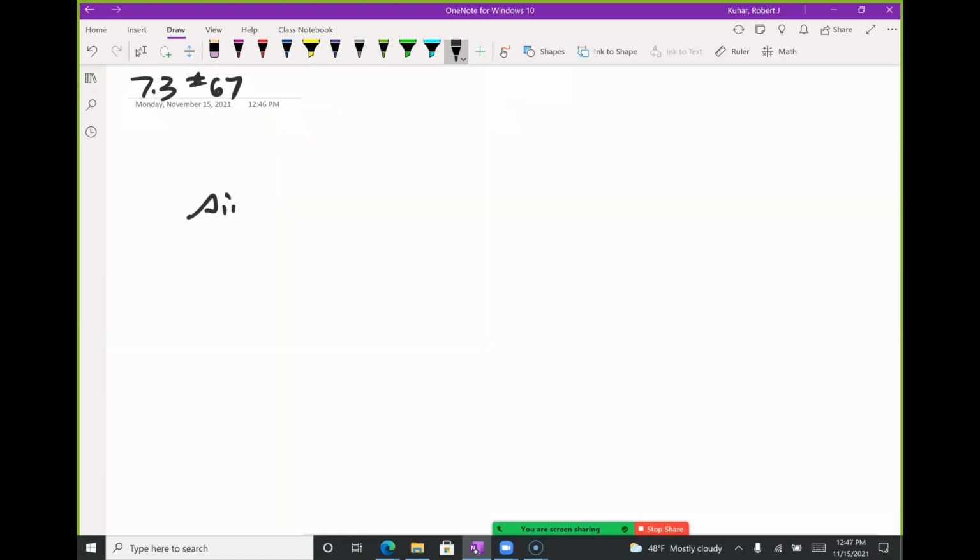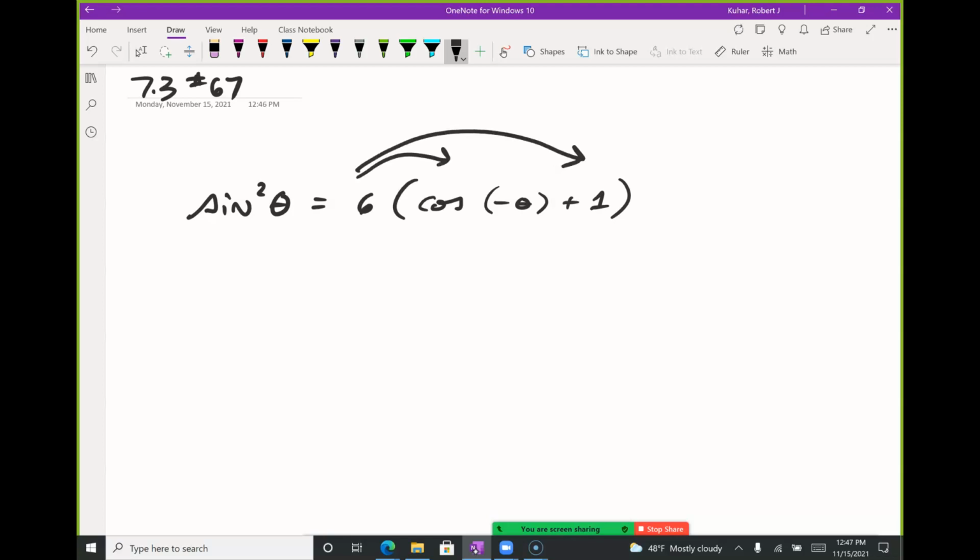So I've got sine squared theta equals 6 cos of negative theta plus 1. So they want me to distribute and use an even-odd identity here. So I get sine squared equals 6 cos of theta, right?